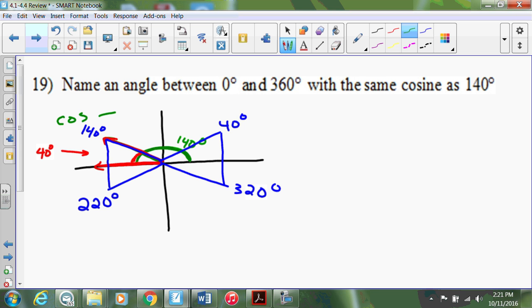Where else is cosine negative? Cosine is negative in the third quadrant. So out of the remaining three angles, 220, 320, or 40, who else is going to have a cosine that's negative? Well, the only one that does is the cosine of 220. So 220 wins, and that's your answer for 19.